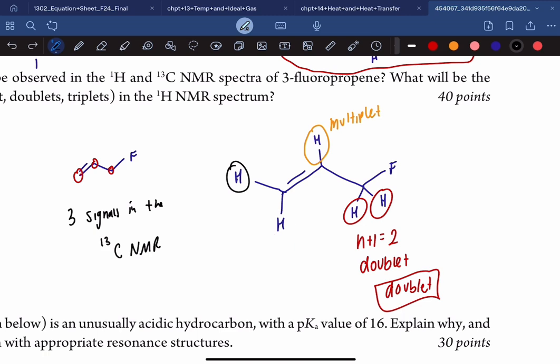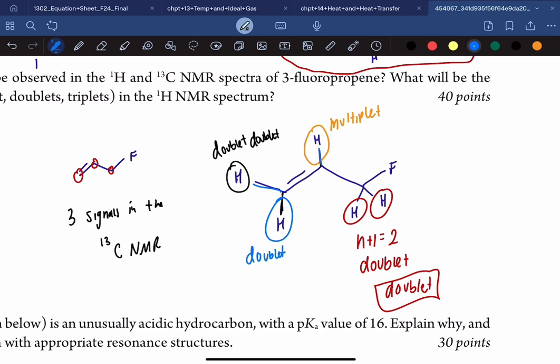So let's work on the one in black first. So it has a signal here. So this is an H, one H, so that's a doublet. And then also has this H, so a doublet, doublet. Okay. And then last but not least, we have this one in, let's do it in blue. So this one has one H here, so that's a doublet.